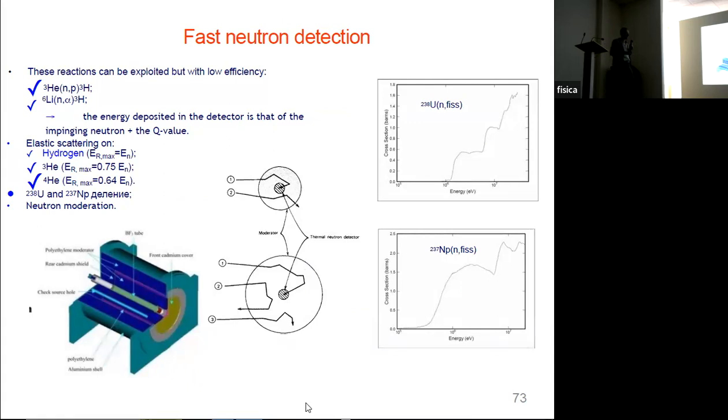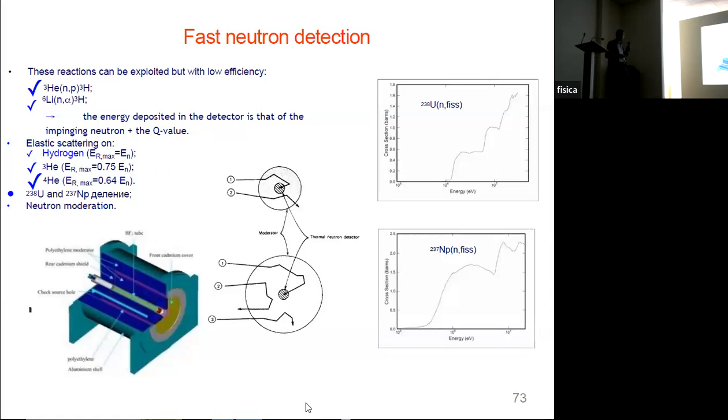But when you have a distribution of energy of neutrons and you want to measure them, you have to apply different techniques. Of course, you can use these conventional materials, but the cross section of these materials for fast neutrons is very low, and these reactions are used very rarely for measuring the energy of fast neutrons.